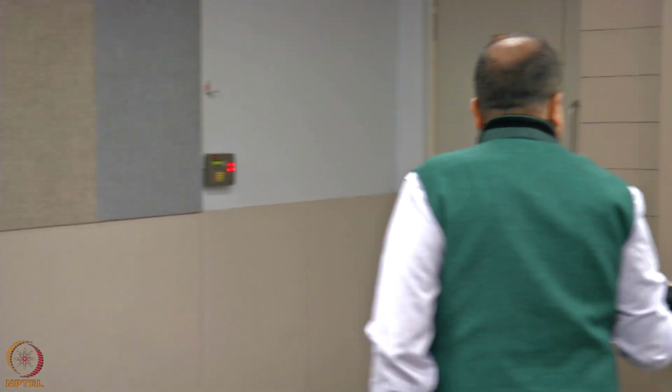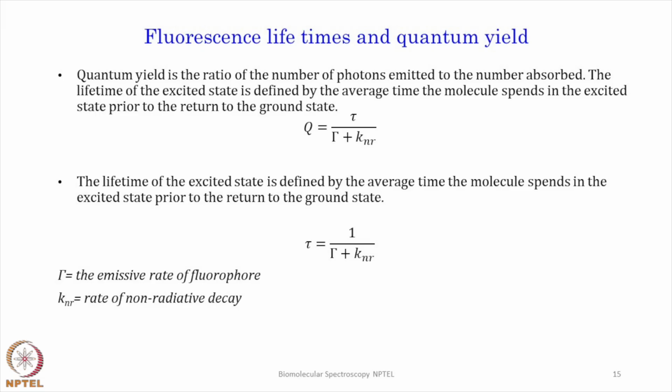The lifetime is the time that it spends in an excited state. These two parameters, the lifetime and the quantum yield, are extremely important for a fluorophore being in the excited state and coming back to the ground state. So, I will take 1 minute to explain why lifetime is important and what it can report.